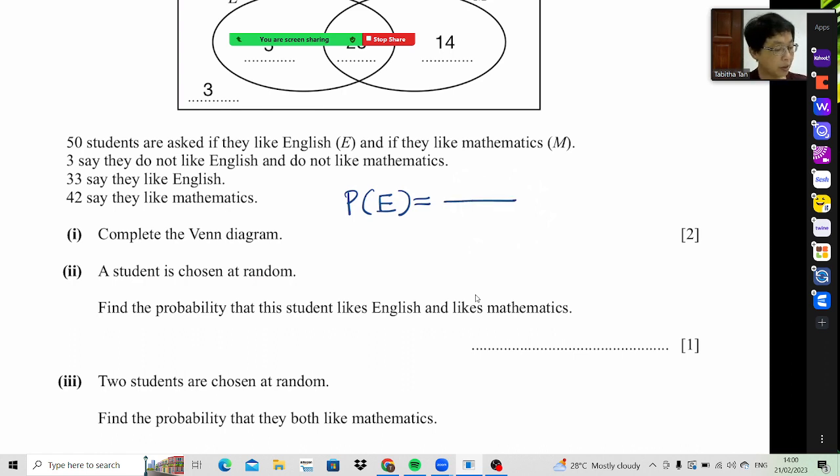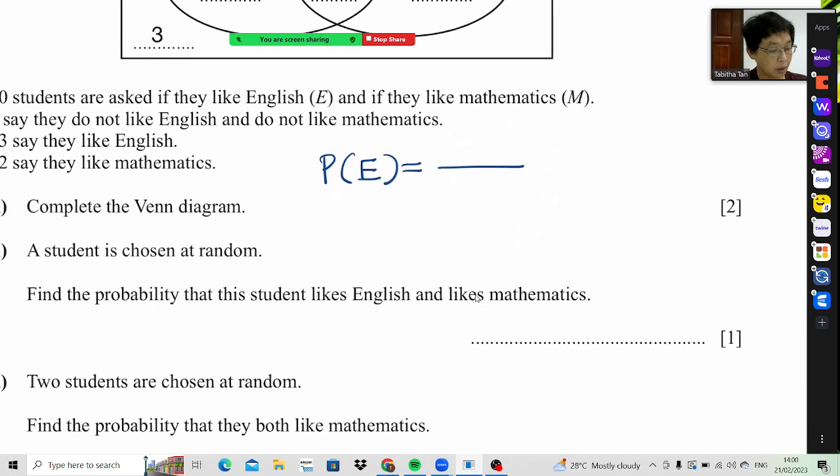What is the denominator and what is the numerator? The denominator is the quantity of the total that we pick from. So just notate that: quantity of the total.